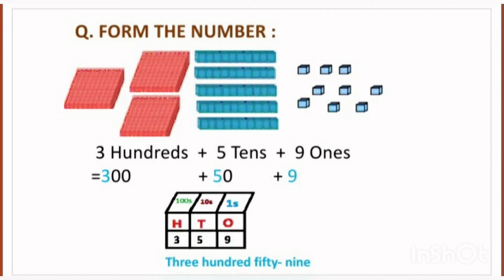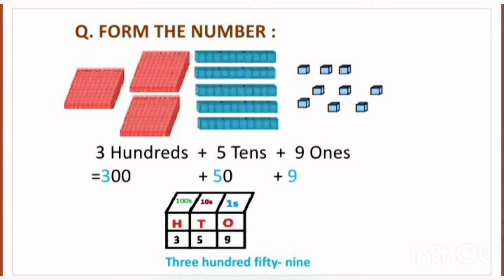In tens place, you have counted that 5 tens are given, so I have written 5. And how many slabs of hundreds are given? From the picture you have seen that 3 slabs, each of 100, is given. So in hundreds place 3 is written. So the number becomes 359.